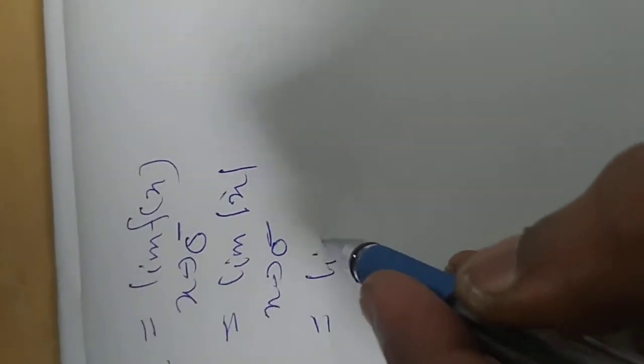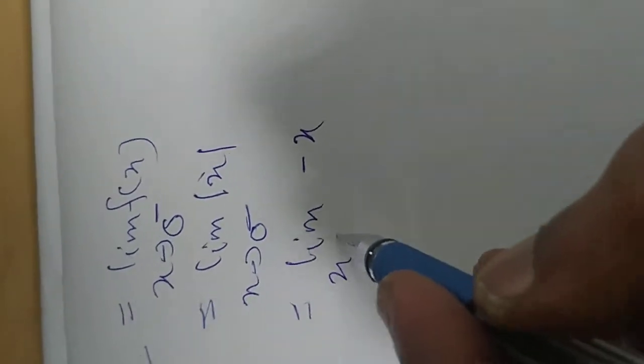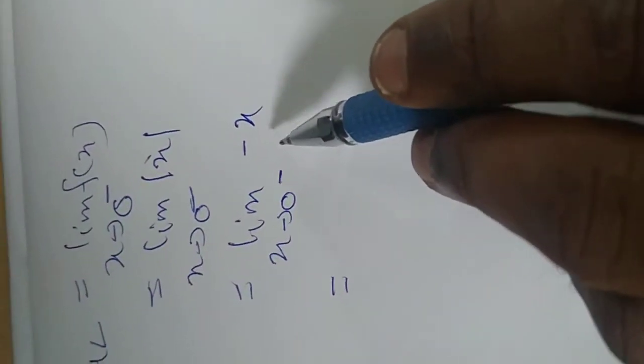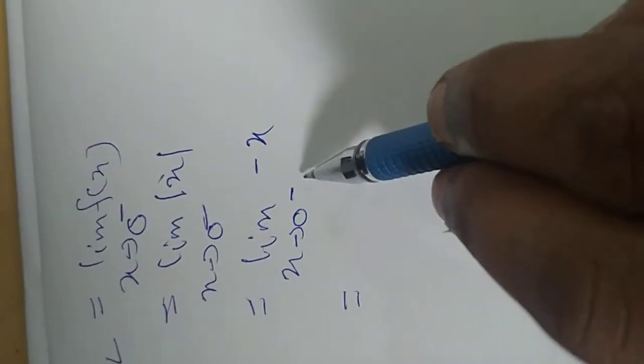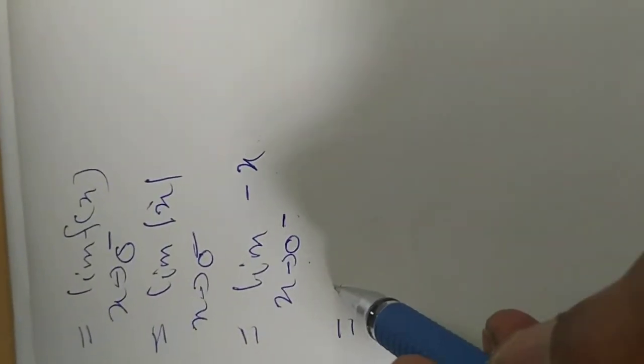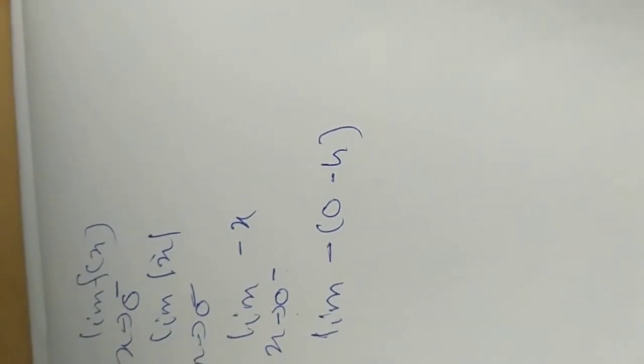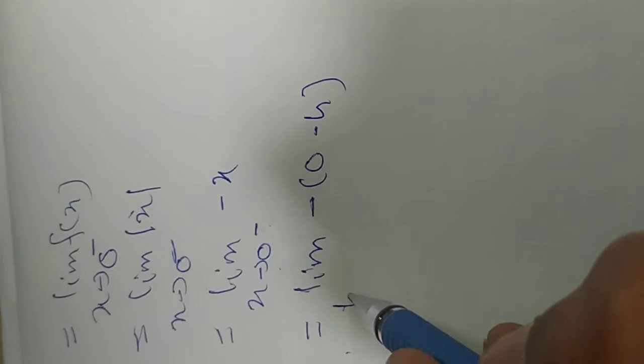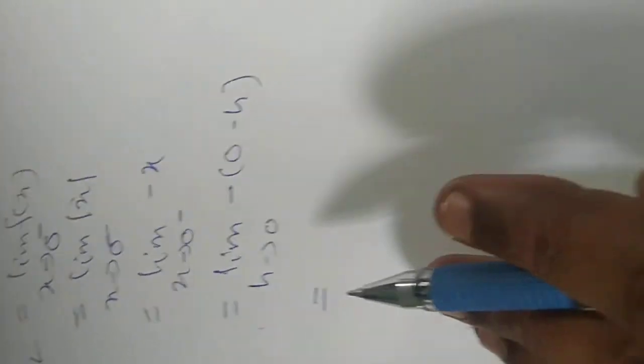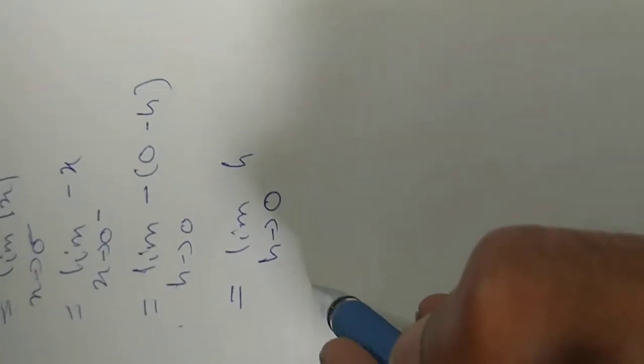It is defined by limit of minus x as x tends to 0 minus. Now I am going to substitute x equals a minus h. So this is limit of minus of (0 minus h) as h tends to 0, which equals limit of h as h tends to 0, which equals 0.